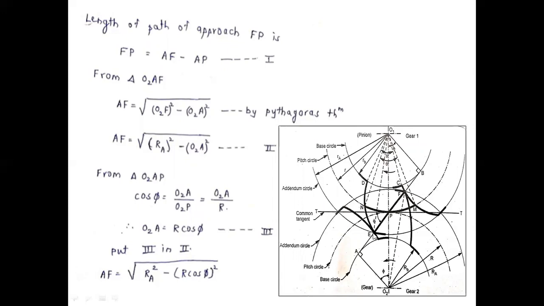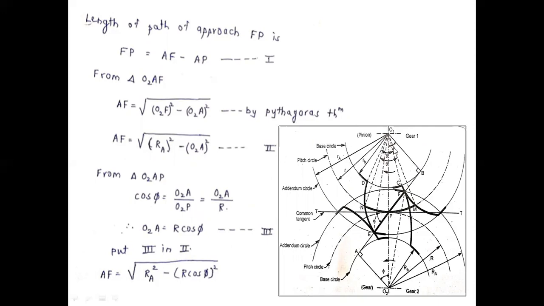In O2BE, EP is equal to EB minus PB. Correct?